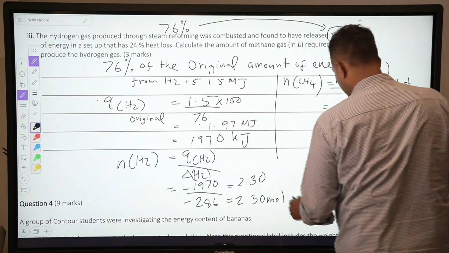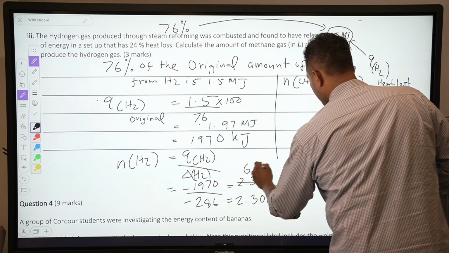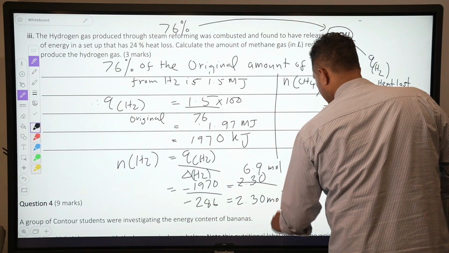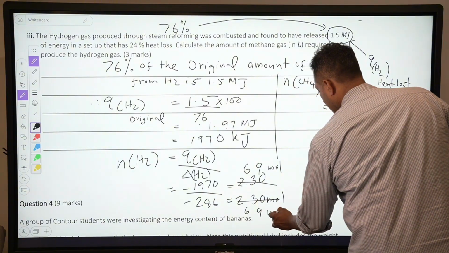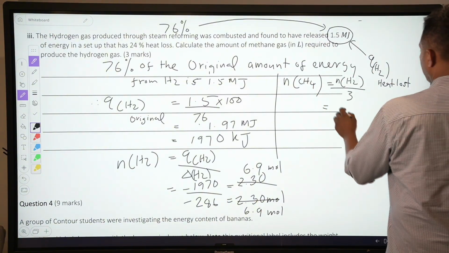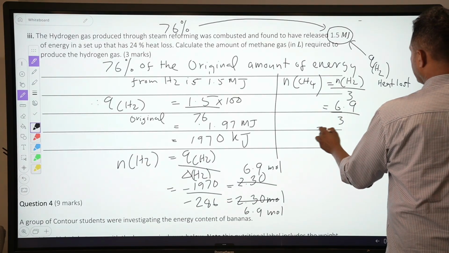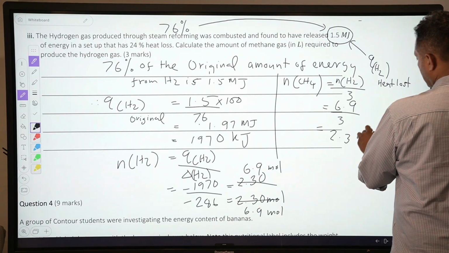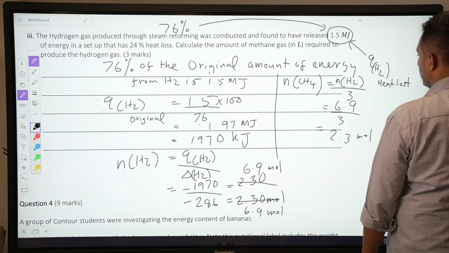I was looking at the paper, which is 6.9 moles. My mistake, sorry about that. So 6.9 divided by 3, which is 2.3 moles. That's the number of moles of methane, 2.3.